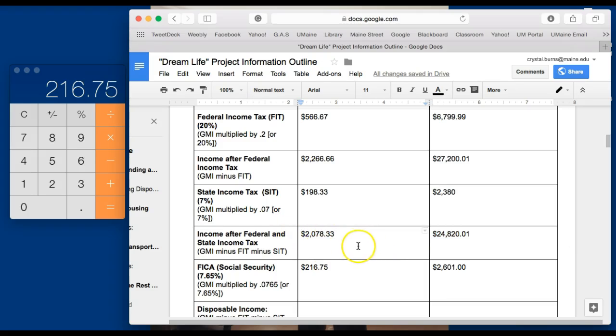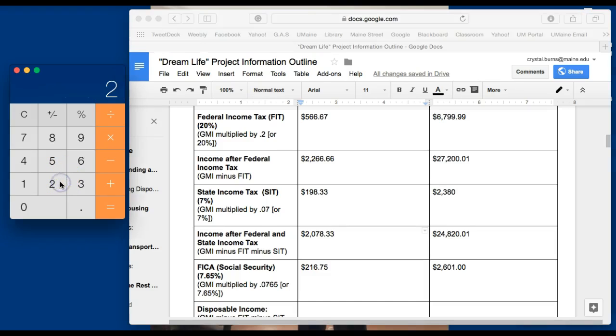Okay, so in this particular case, I'm going to start with the $2,078.33 and subtract $216, right? Because that's both in my monthly column.